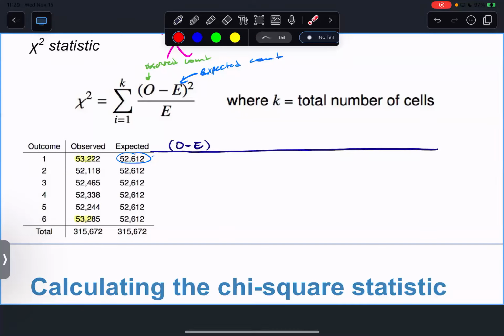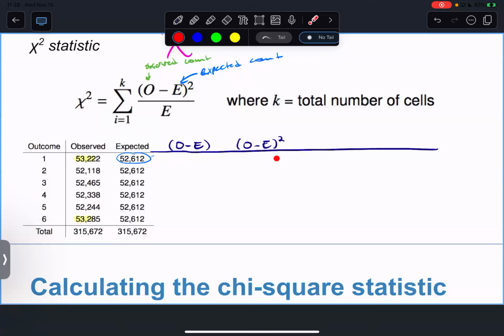So squared in that column as well? I like to do it separately. You're welcome to just do it all right away if you want, but I like to build it out nice and slow. And so I would find the observed minus the expected. And then in the next column, I would square it, probably filling in the columns all at the same time.